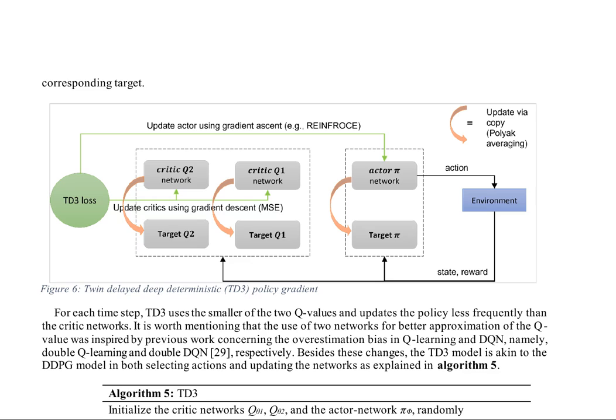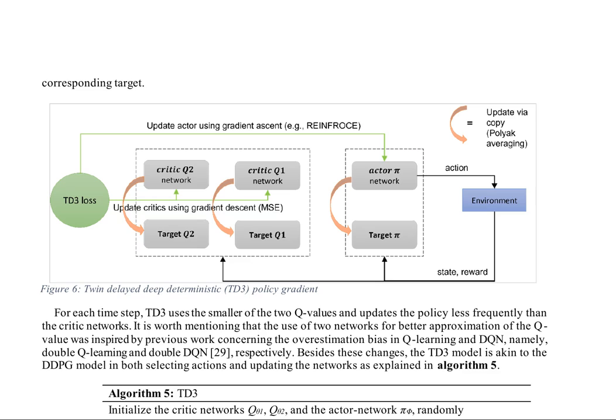The TD3 algorithm is a variant of the deep deterministic policy gradient (DDPG) model, which aims to mitigate the overestimation bias inherent in Q-learning in deep Q networks (DQN). TD3 uses two critic networks to approximate the Q-value, updating the policy less frequently than the critic networks. This approach is inspired by double Q-learning and double DQN, utilizing two networks for improved Q-value approximation.